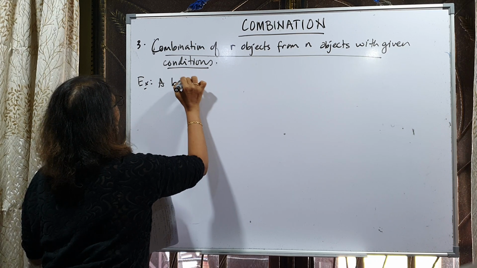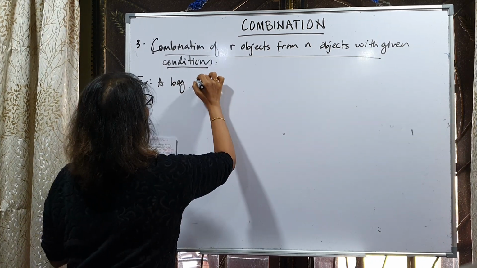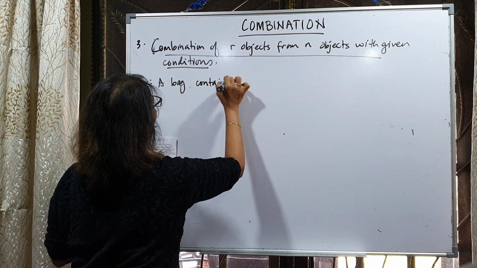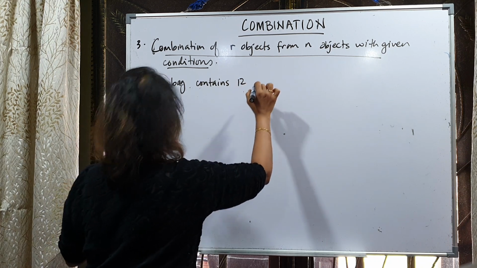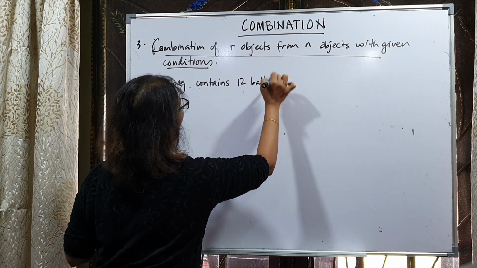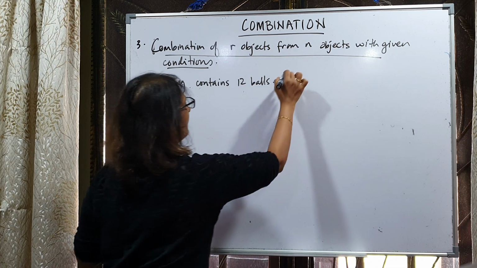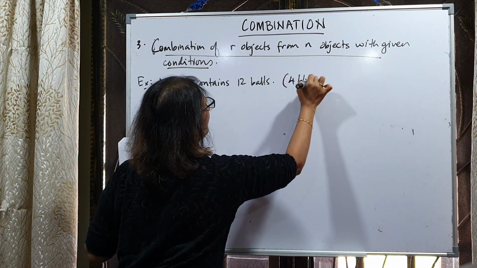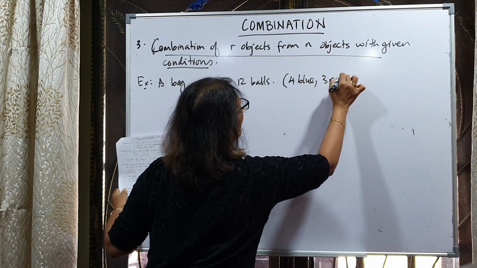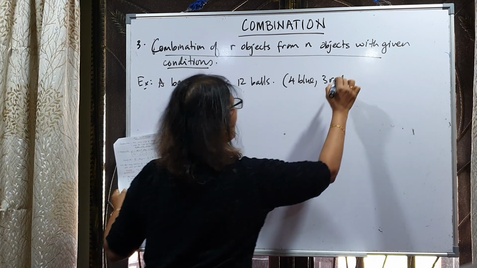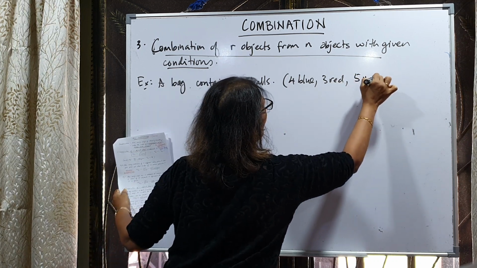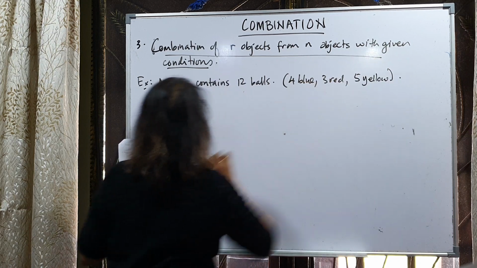a bag has twelve balls, four blue, 3 red and 5 yellow. Okay.